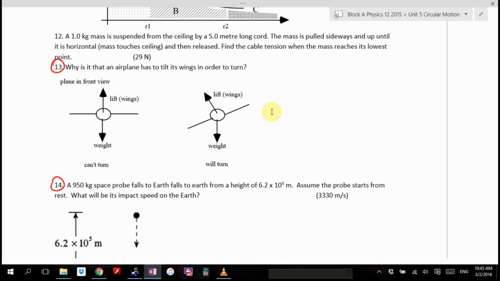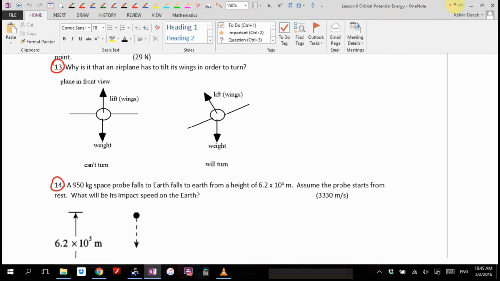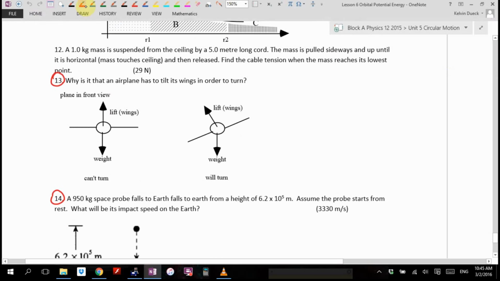Well, on a plane, the free body diagram is gravity down and lift. If I have two forces vertical, is there any way that I can end up with a force pointing towards the center of a circle? But now I have two forces at angles. When I tilt the plane, lift is at an angle.